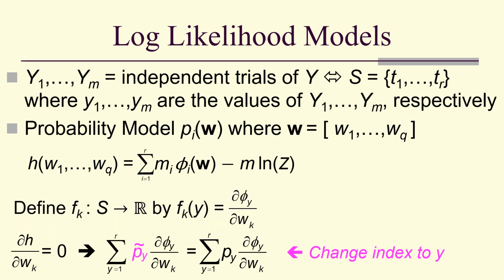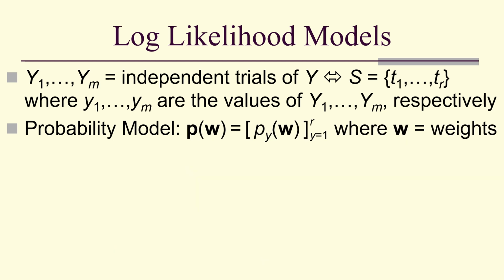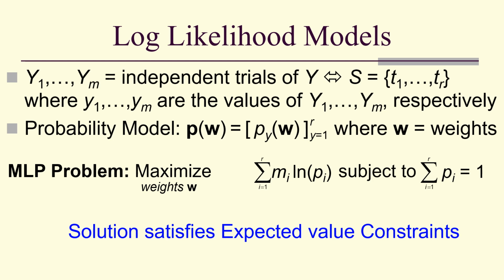And notice we can define functions from S to R by f sub k of y is the partial of phi sub i with respect to w sub k. Substitute that in, and we have expected value constraints. So in other words, if we have our maximum likelihood problem, the solution satisfies expected value constraints.